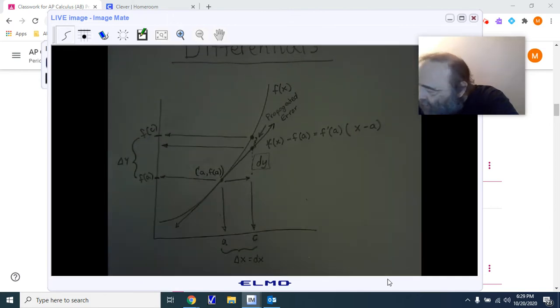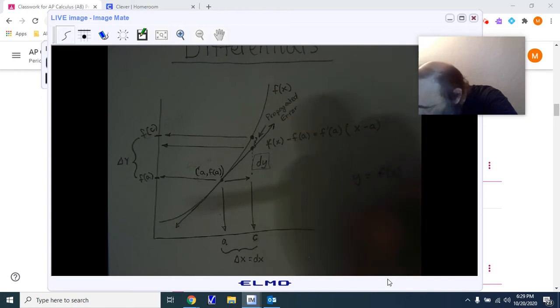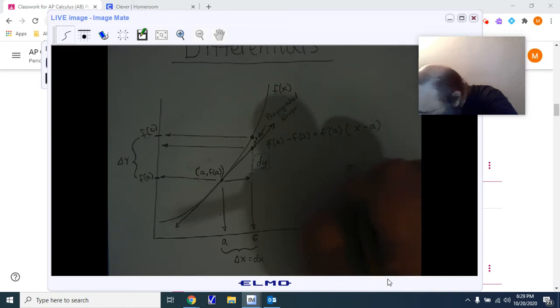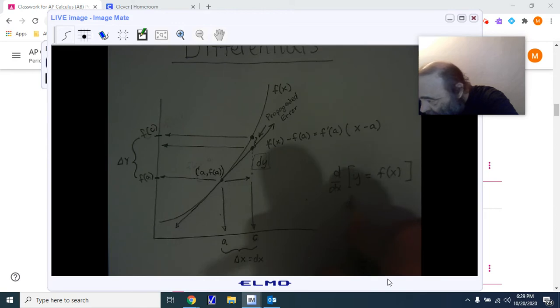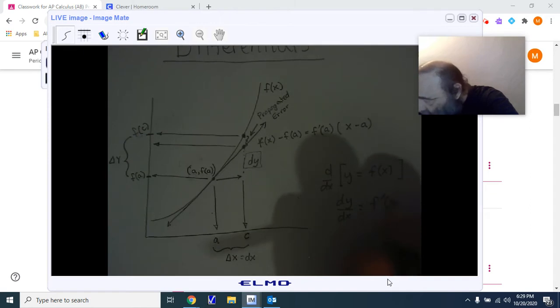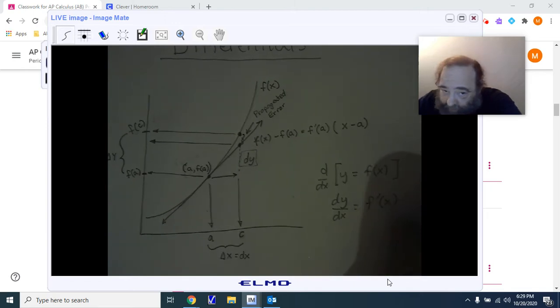So let's just take a look at our function. If y equals f of x, and I take my derivative, d dx, you'll notice that I get dy dx equals f prime of x. Now watch carefully, because I don't want you to be too surprised.